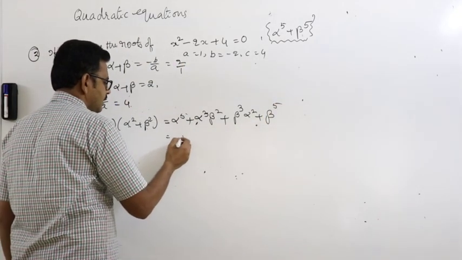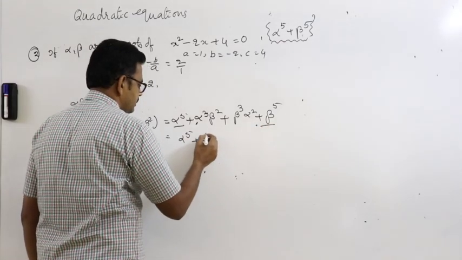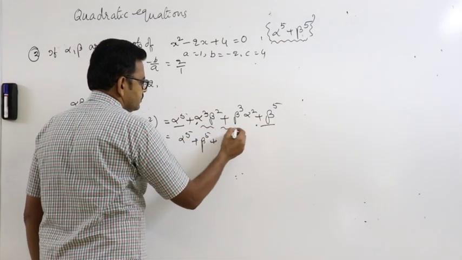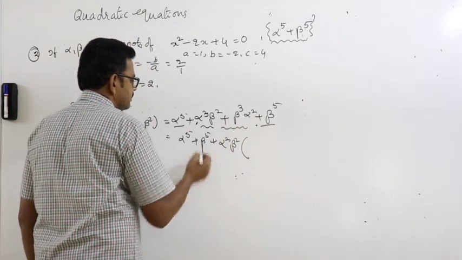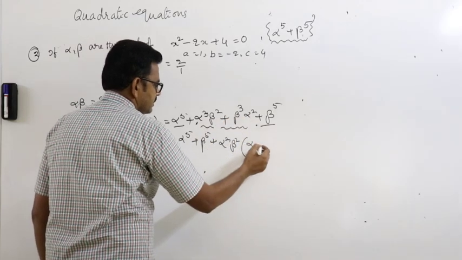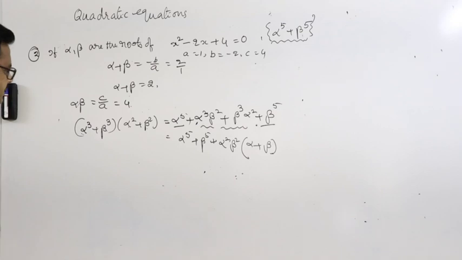So that is alpha power 5 plus beta power 5 plus, taking alpha square beta square common, alpha square beta square into alpha plus beta.